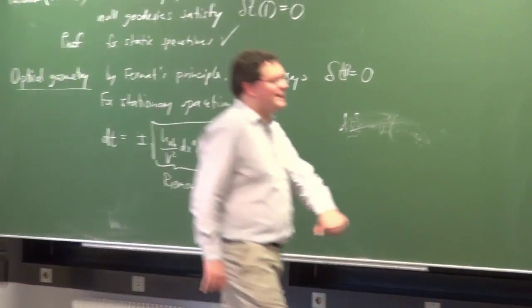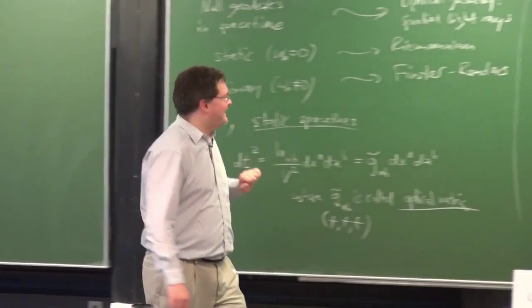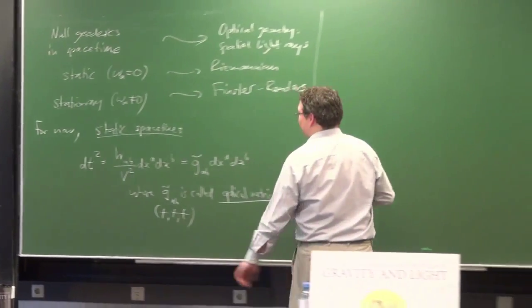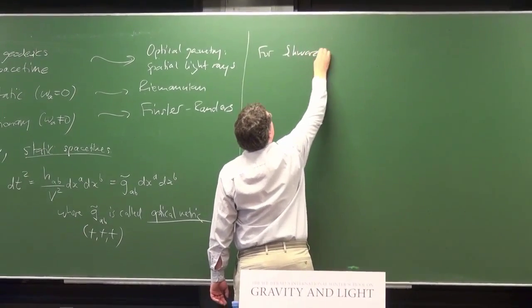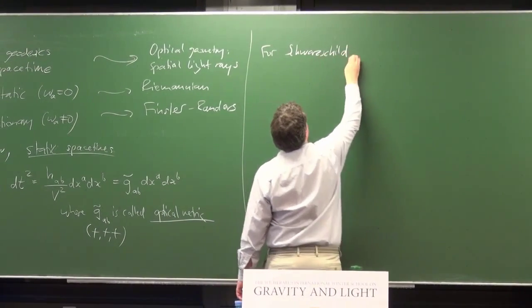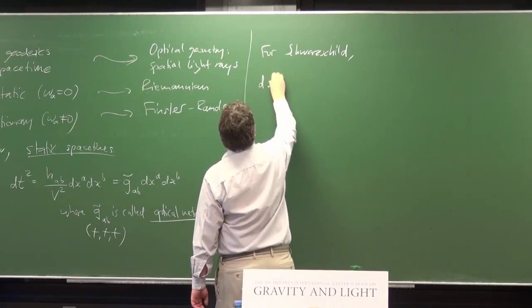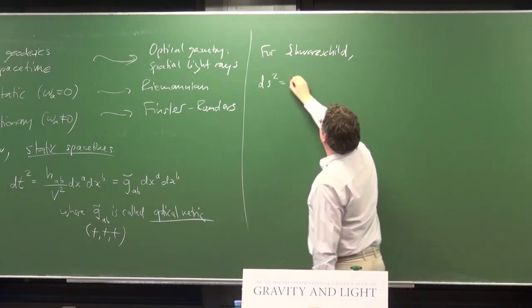Let's just keep it simple and look at the Riemannian optical geometry of Schwarzschild. So for Schwarzschild, let me write down the line element, which you've seen before, of course.